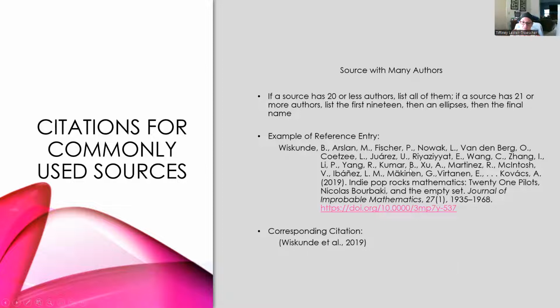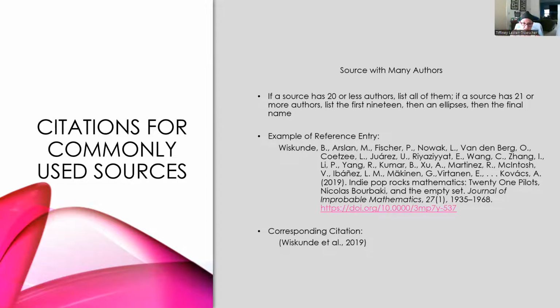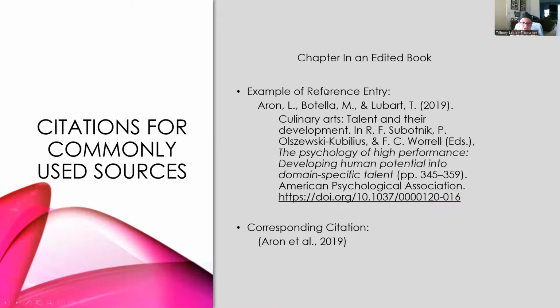So the reference entry has to list them all, but your citation can just say Wisconsin et al., comma, 2019. Right? If it's two authors, though, you list them both, Vincent and Rober. If it's 3 or 4 authors, go ahead and put all of those in the parentheses as well the first time, right? Okay, chapter in an edited book, all right?